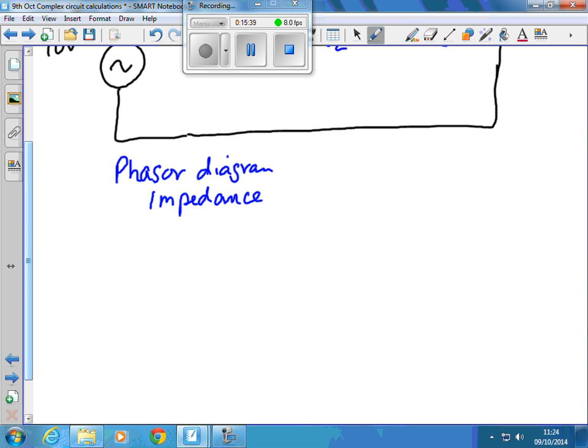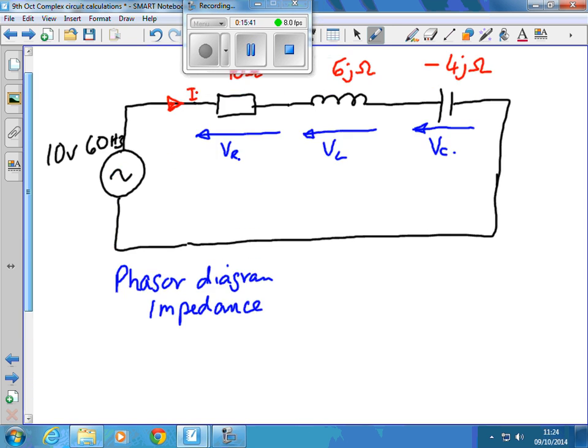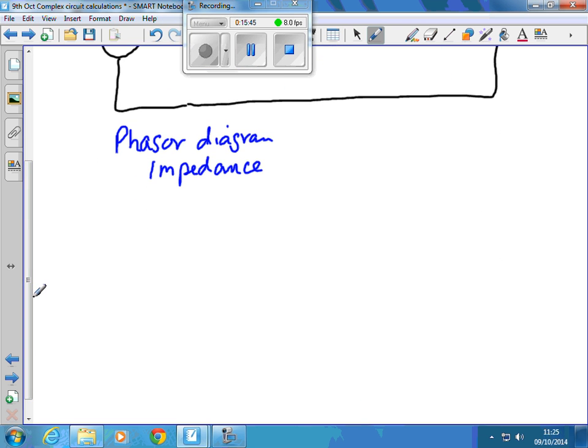I've got a resistor where I need to draw the line equivalent to 10 ohms long. If I say this is my x-axis starting here, where would I draw the resistance? What's the phase angle associated with the resistance? 0 degrees.